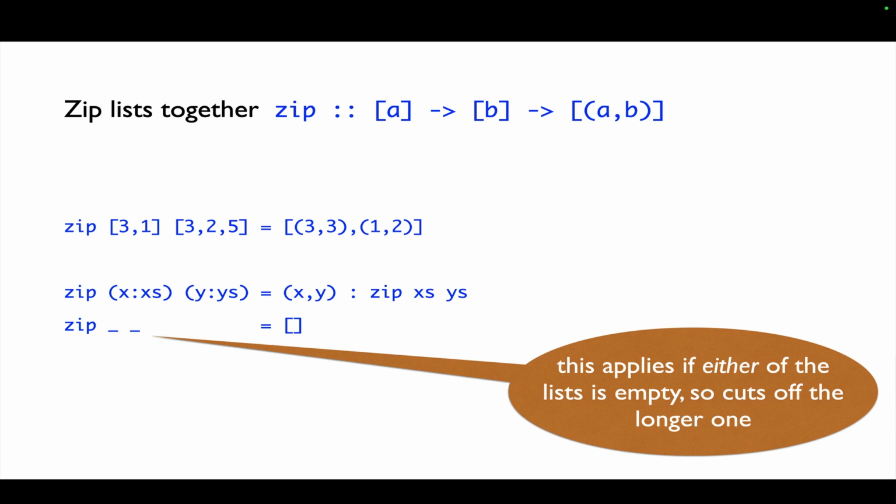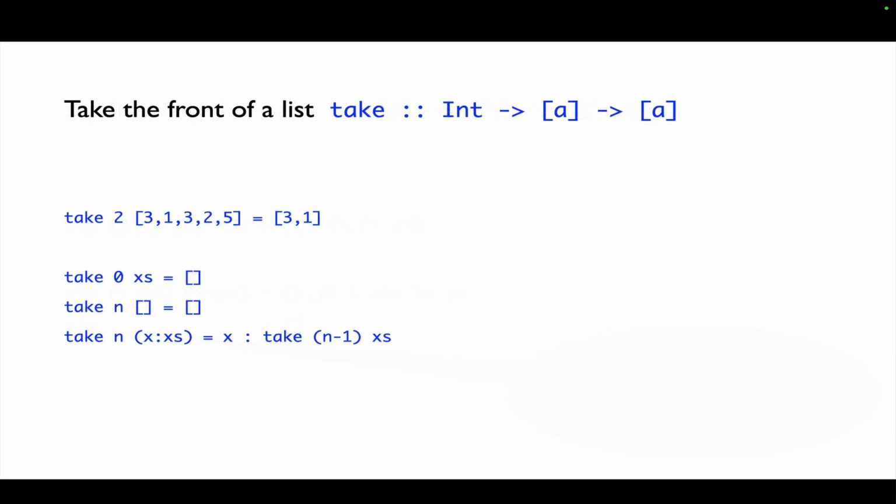But if either of the lists is empty, which is what we cover by this second case, we only hit the second case if the first pattern match fails, that is, at least one of the lists is empty, we return the empty list. And that has the result of behaving as we specified in the case where the lists are not of the same length. Namely, we drop the elements which are unmatched, so we drop the remaining elements of the longer list.